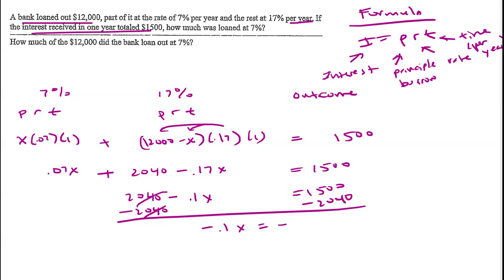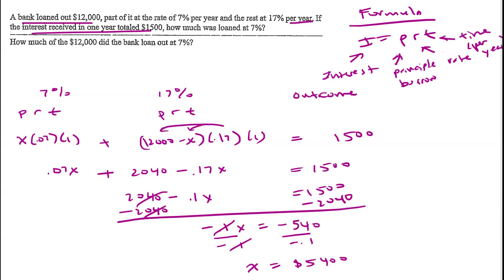Okay, 1,500 minus 2040 gives us negative 540. Then we're going to divide both sides by negative 0.1. When we do that, we should get $5,400.